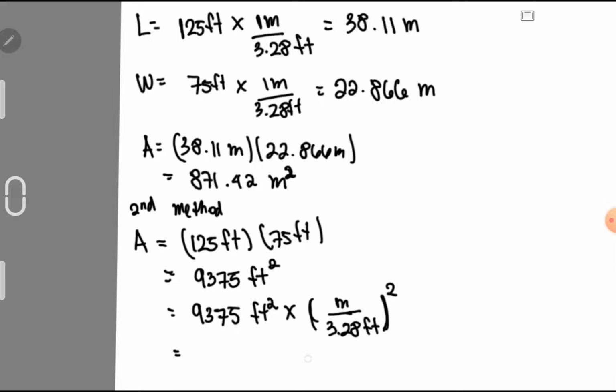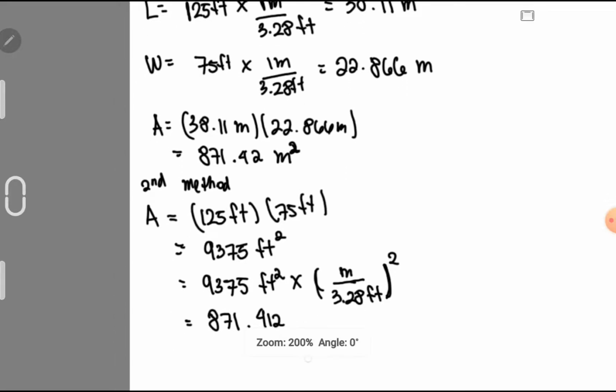Because if your constant is outside the parentheses, your answer would be very, very wrong. There is 1 all over 3.28 squared. So we'll have a value equal to 871.412 meters squared.